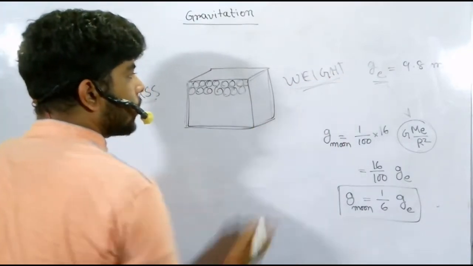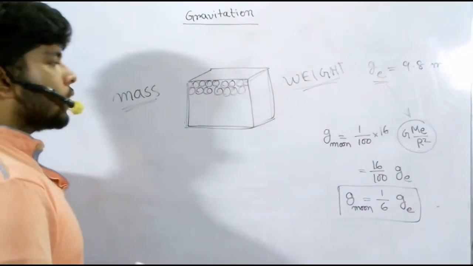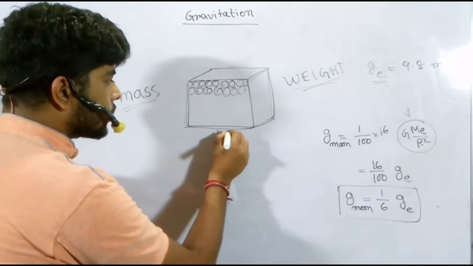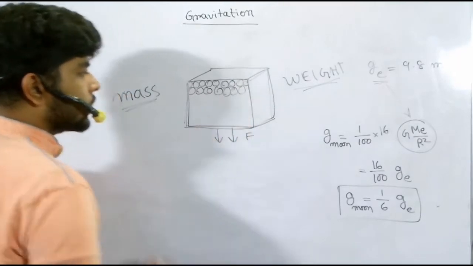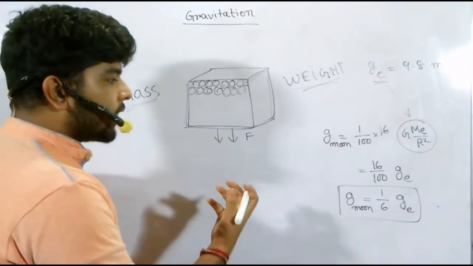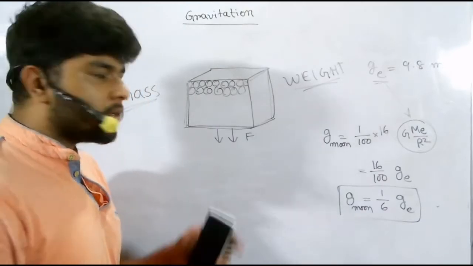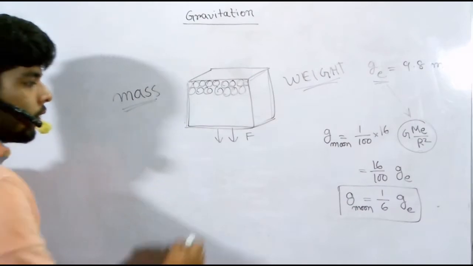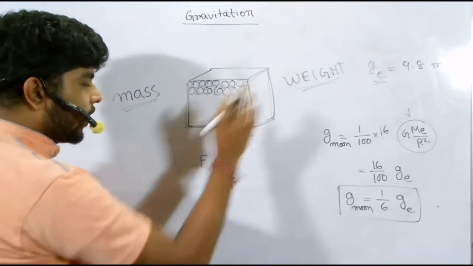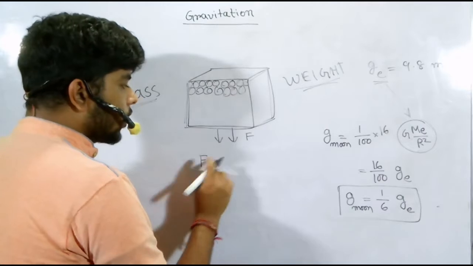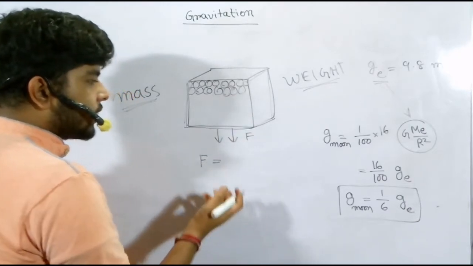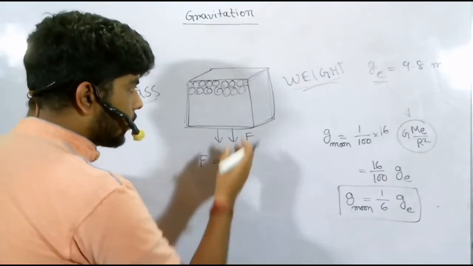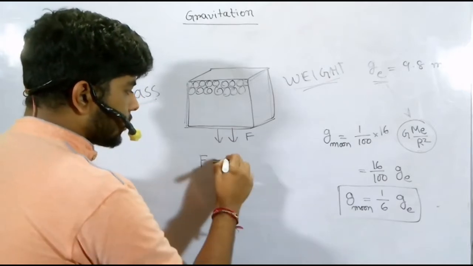And what is weight? Weight is the force which is applied due to the gravity on that mass. Weight is nothing but a force which attracts the object towards the center.